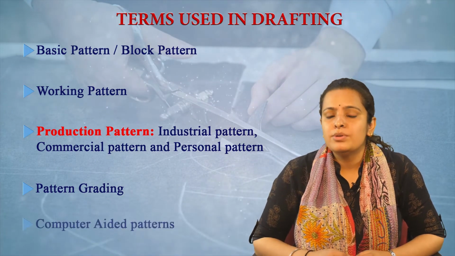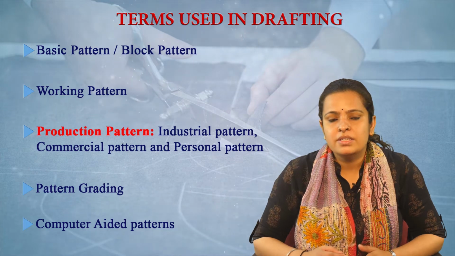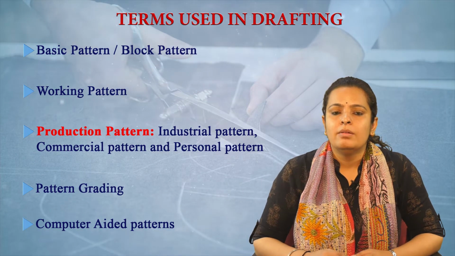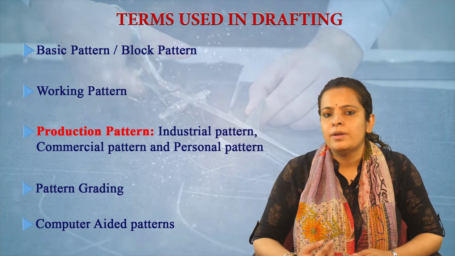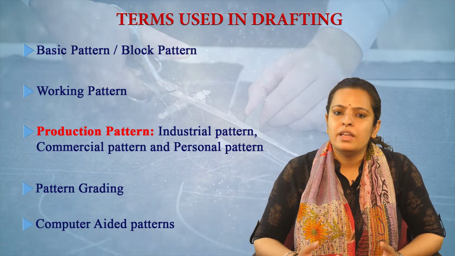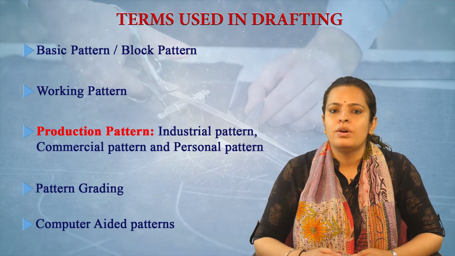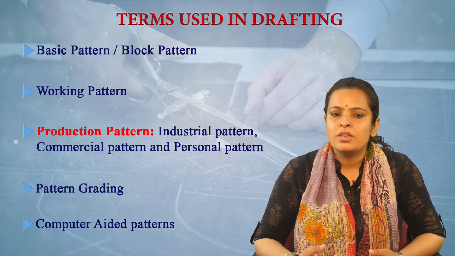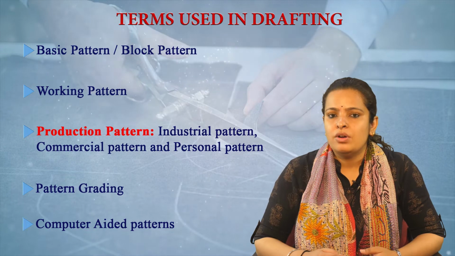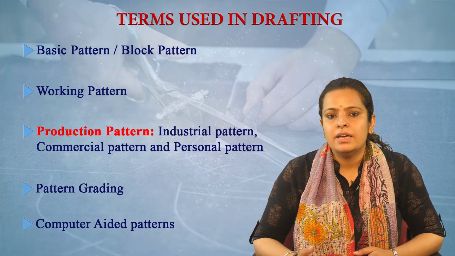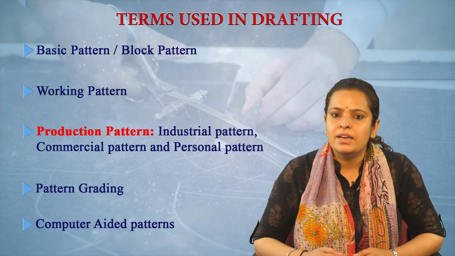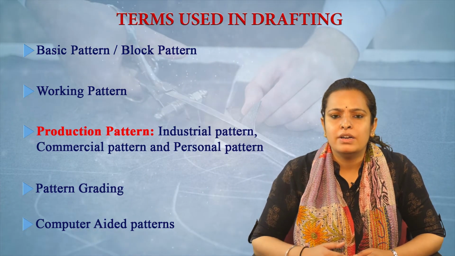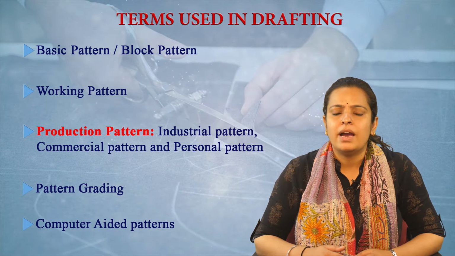Then we have computer aided patterns. At present, lots of designers don't go for pen and paper pattern making. There are lots of software programs that make our work easy. With computer aided software they develop patterns, and it reduces our time for creating patterns.